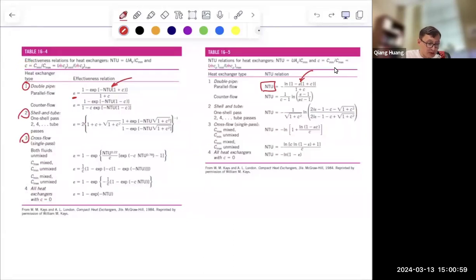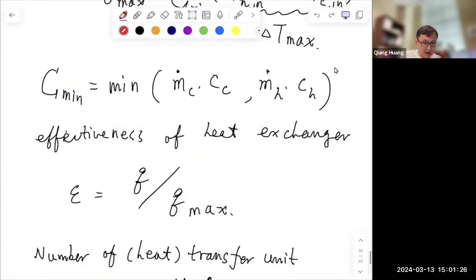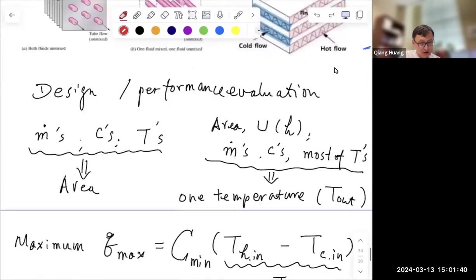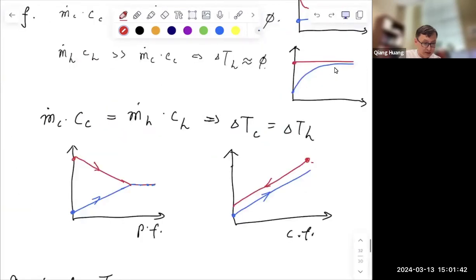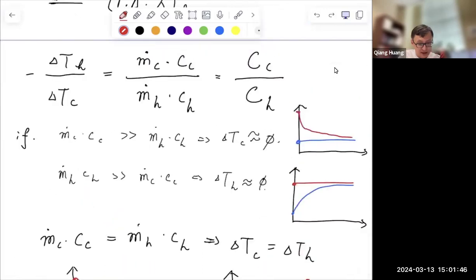If you look at this ratio, if C equals 0, that means C maximum is infinite. C maximum infinite means one fluid has a large amount of flow, in other words, an excessive amount, so the temperature of that fluid will not change. That corresponds to one of the cases that we discussed last time.